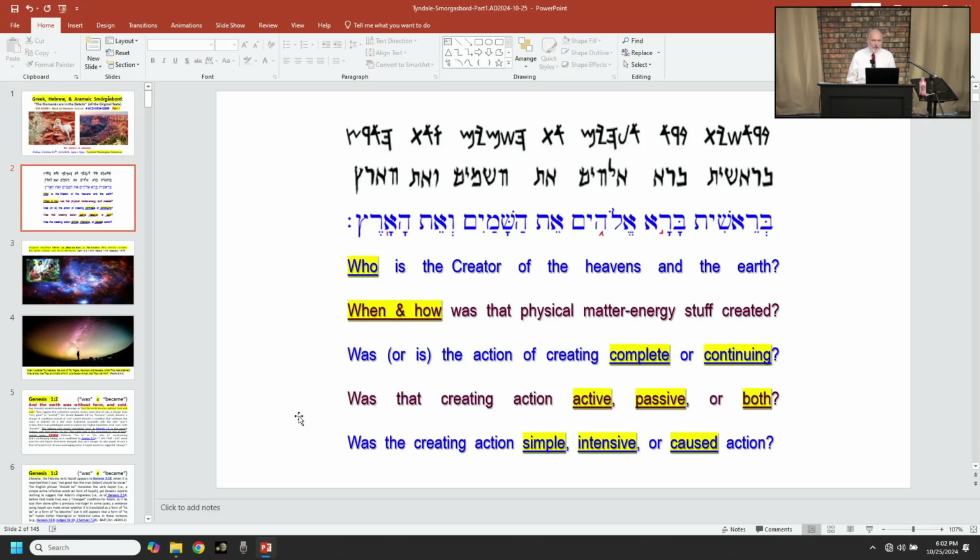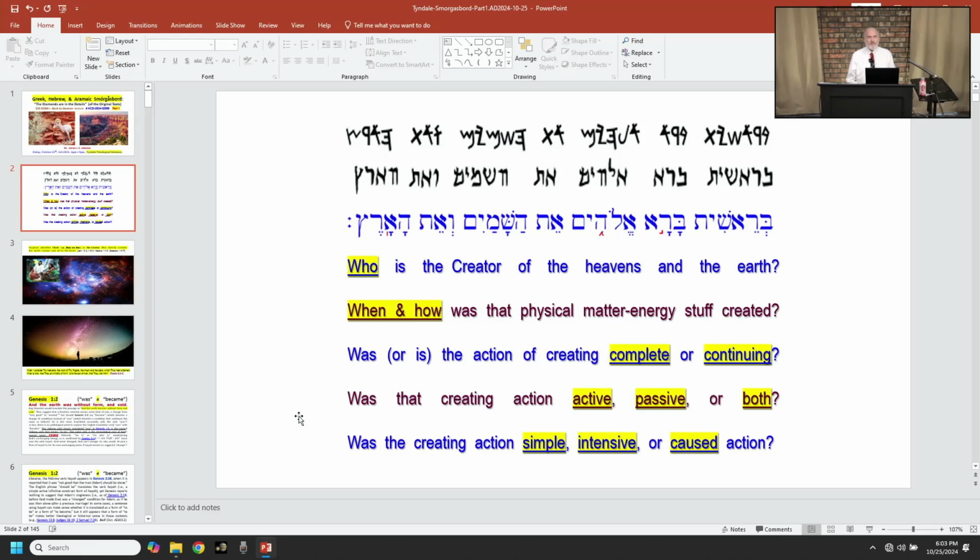And yet, when we look at the action verb of that same sentence, verse 1, the action verb is a singular. So the subject noun is a plural, and yet the action verb that goes with that subject noun is a singular.